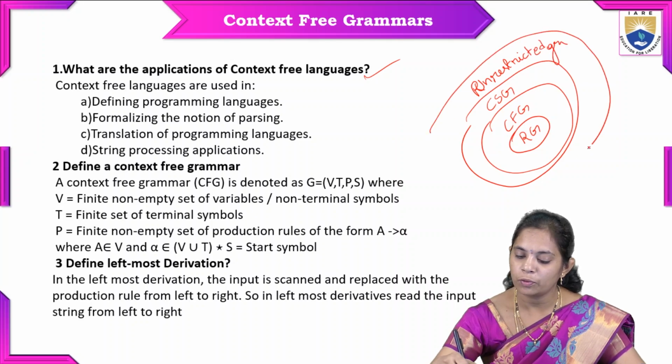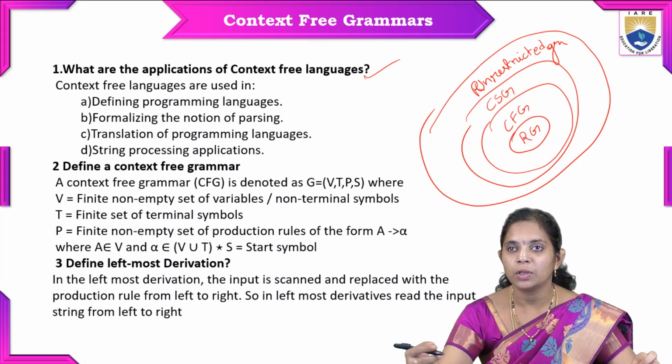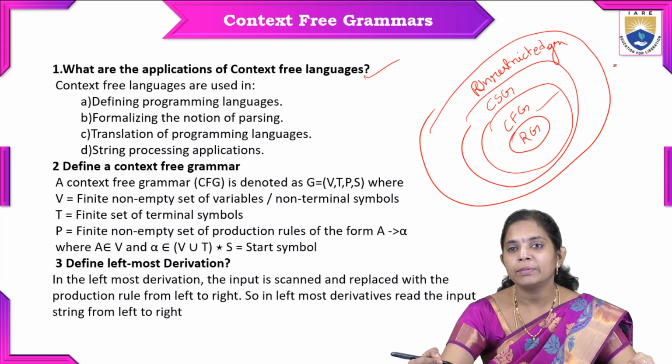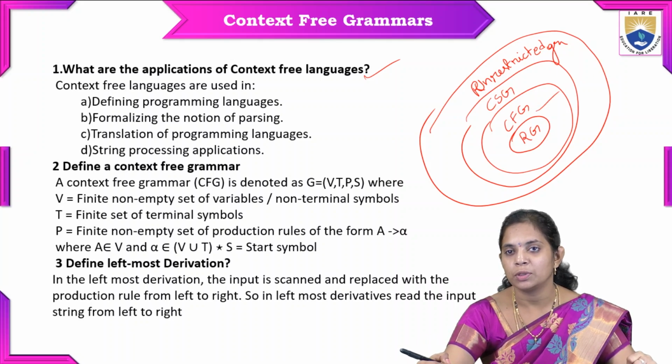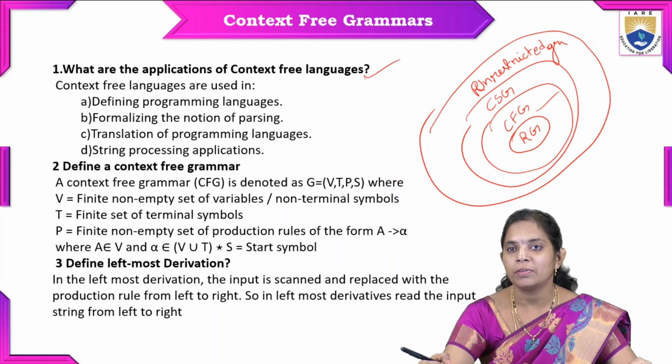So these are the four types of grammars in the Chomsky hierarchy. In this video, we are going to discuss the context-free grammars. How do we generate these context-free grammars? Through the context-free languages, we can generate the context-free grammars.